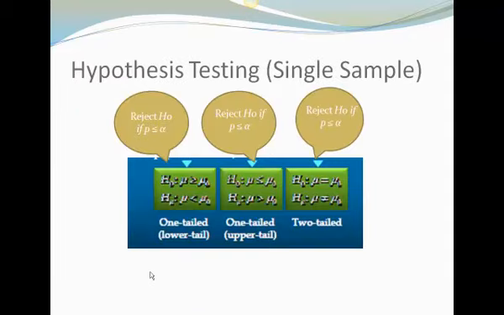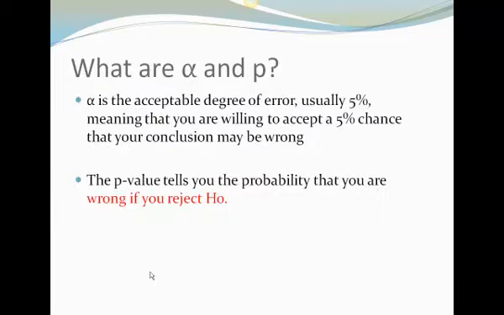So hypothesis testing here, we have it all linked out. You always reject if p is less than or equal to alpha. Alpha I describe, and I have it broken out here. Alpha is the acceptable degree of error, usually 5%, meaning you're willing to accept a 5% chance that your conclusion may be wrong. I think of alpha as the acceptable degree of screw-uptitude.